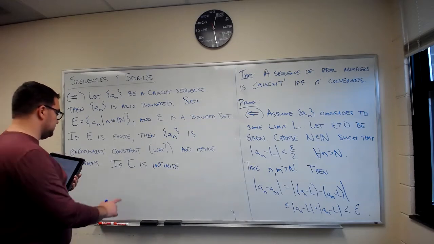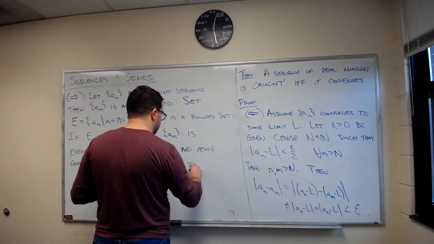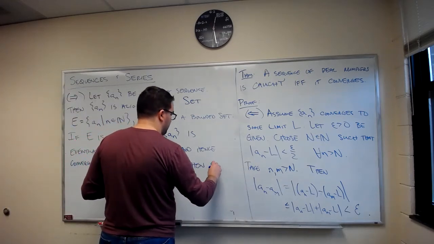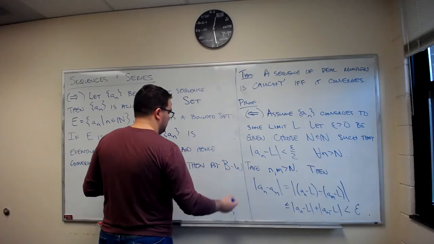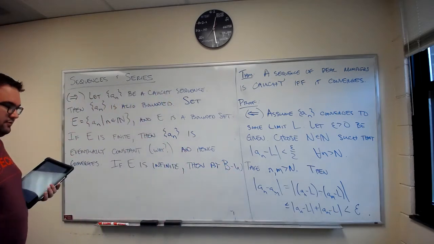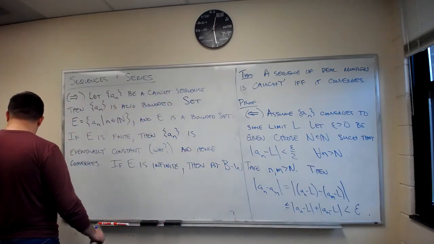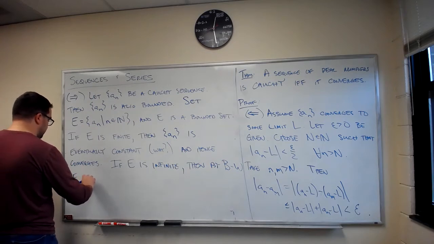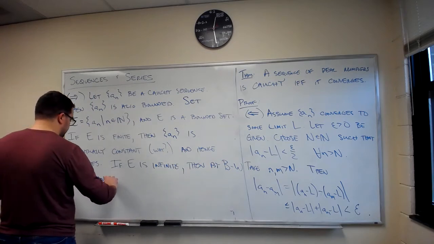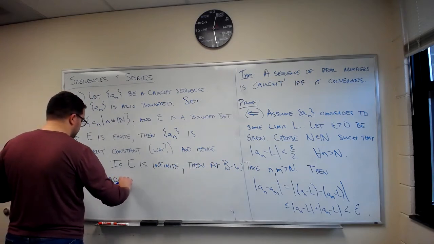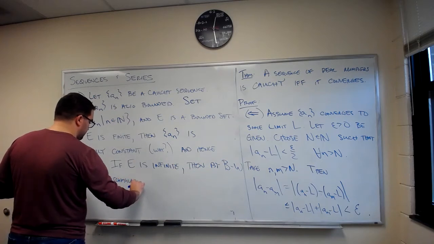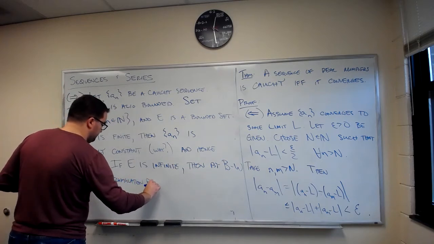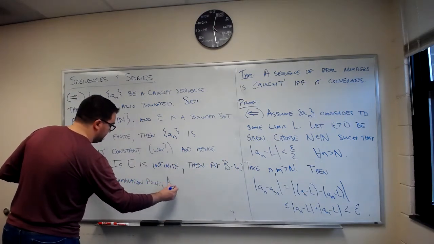So if E is infinite, then by, and I'm going to abbreviate that BW, so by the Bolzano-Weierstrass theorem, E has an accumulation point, and we'll give it a name, capital A.